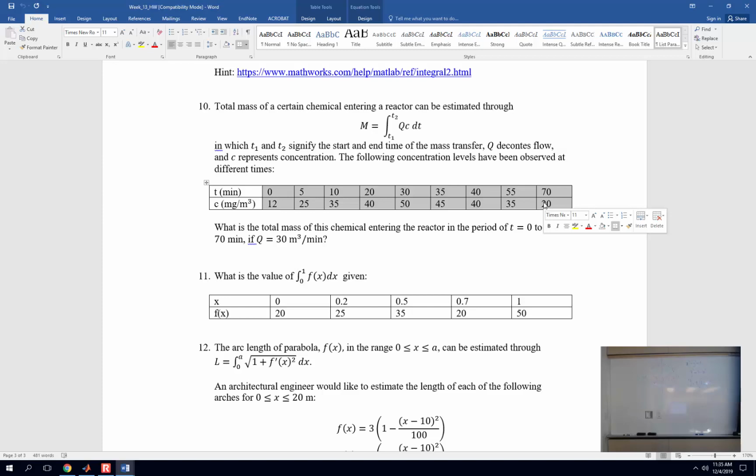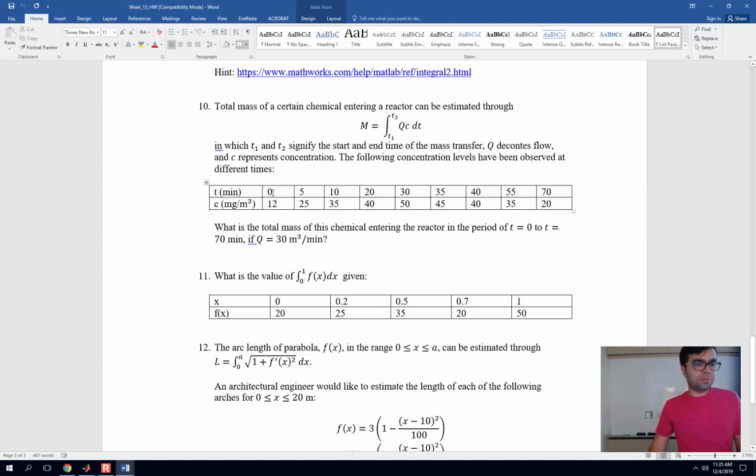Does it make sense? Yeah, I think I got it. I'll copy these values.